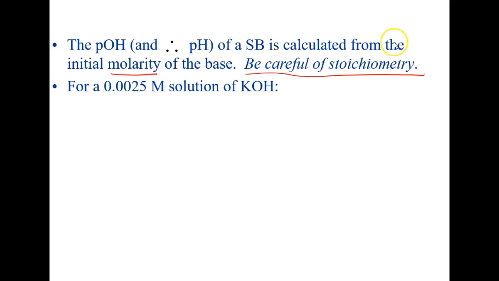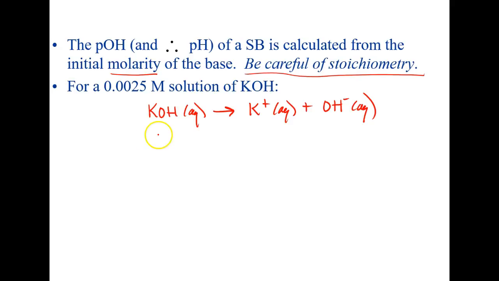So for a 0.0025 molar solution of KOH, as this KOH dissociates, we will get potassium ions and hydroxide ions. And again, similar to the acid, everything is in a 1:1:1 ratio. So if the KOH is 0.0025, the potassium ions will be 0.0025, as will the hydroxide.